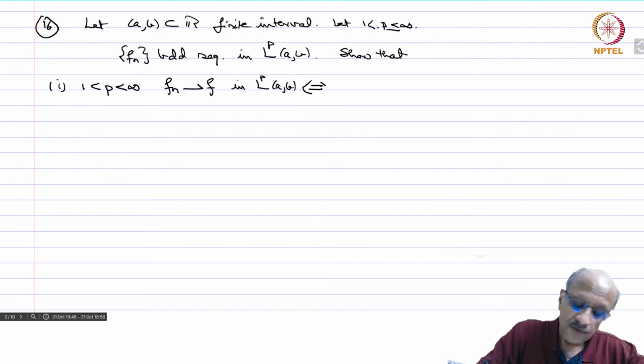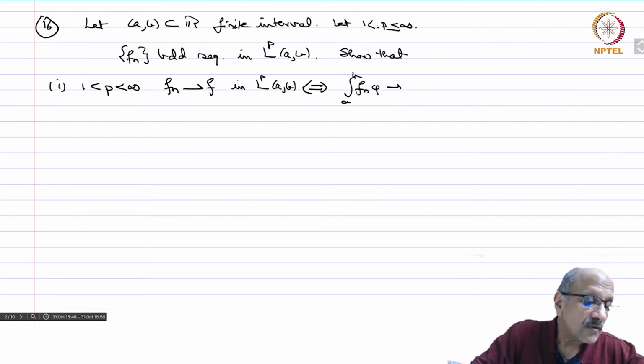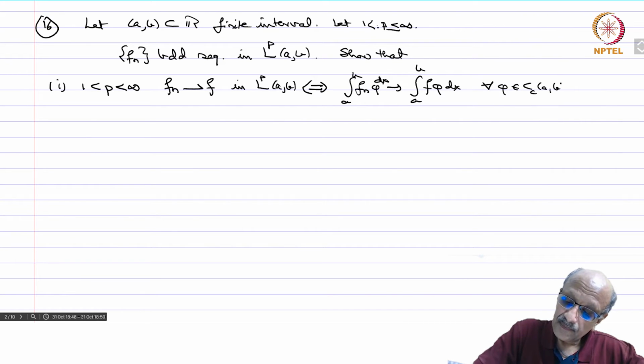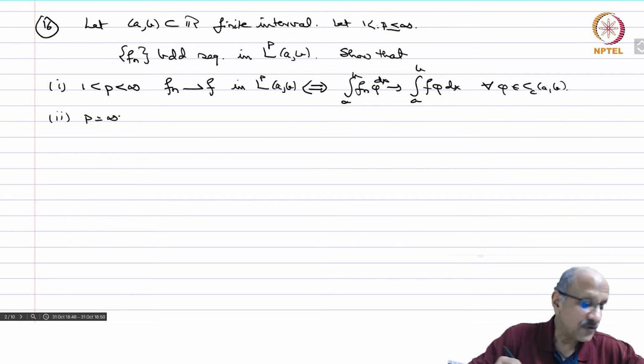if and only if integral from A to B of f_n phi converges to integral from A to B of f phi dx, of course for all phi in C_c(A,B). And then secondly, p equals infinity.